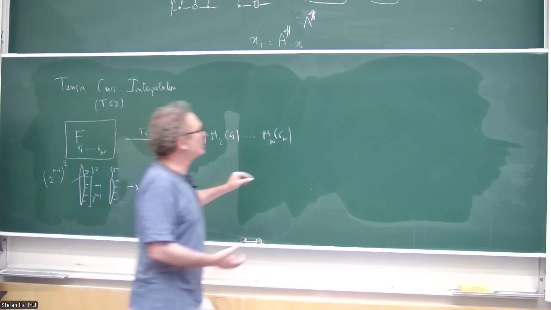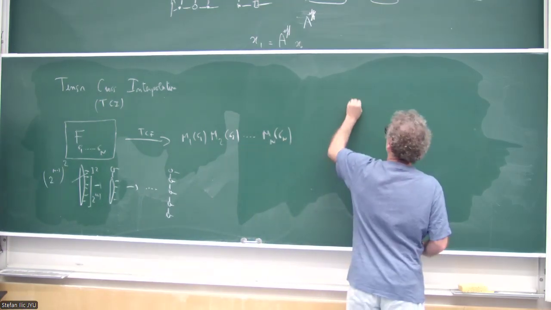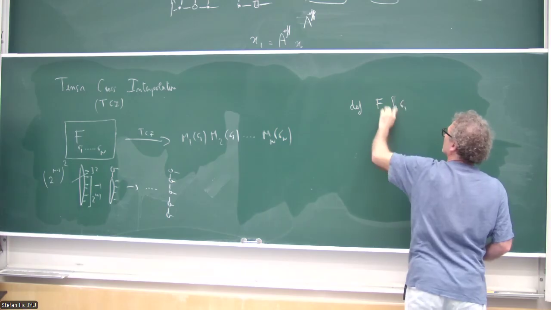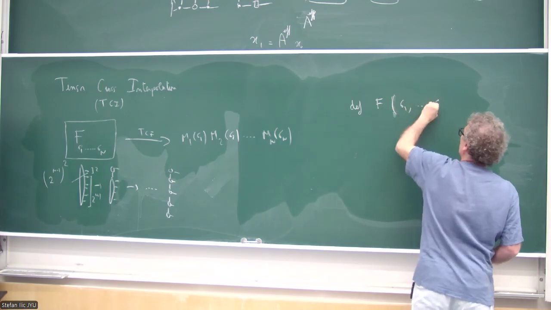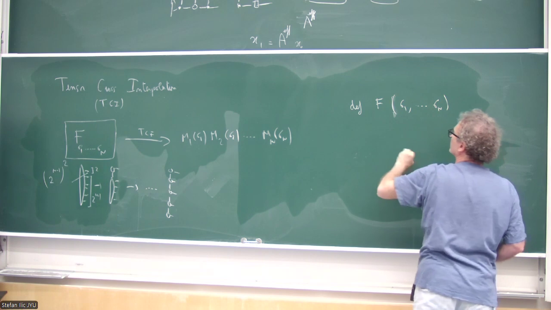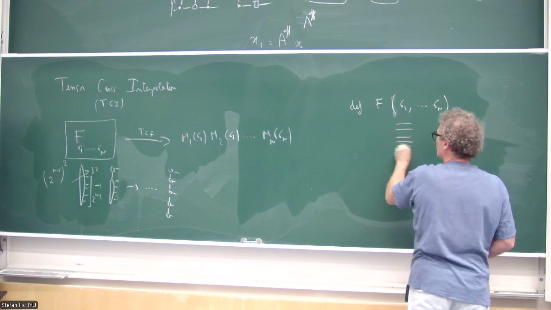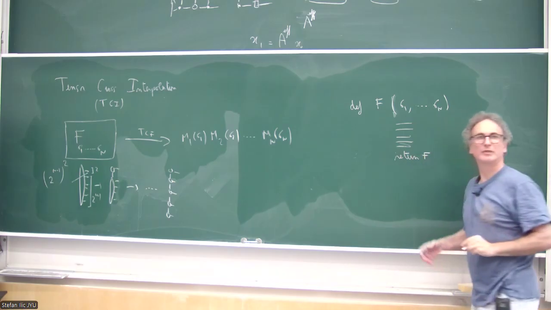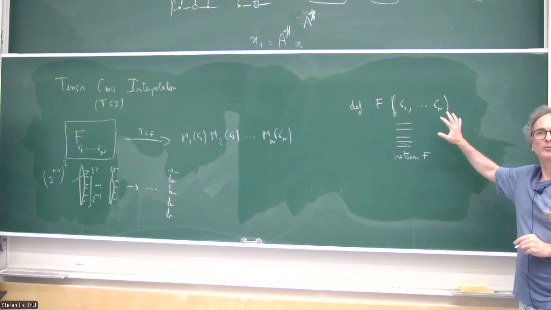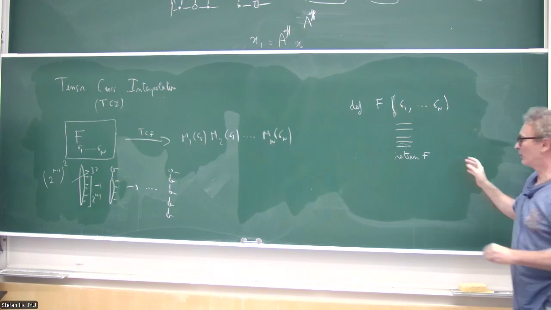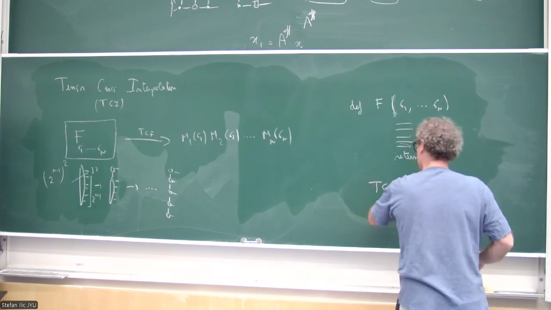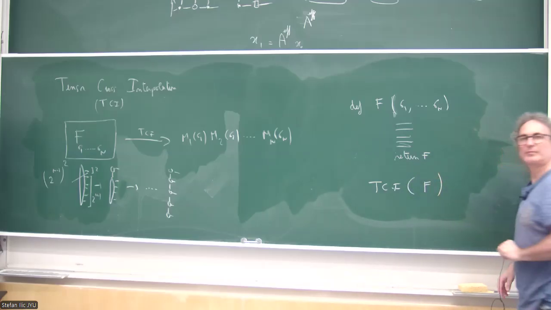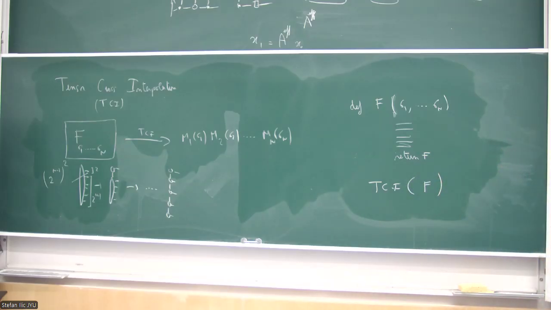Typically, it will be a function, def f of sigma 1, sigma 2, ..., sigma n. You do some computation and return f. That's the input. And then you call TCI of f. So it's a function that takes a function as an input.